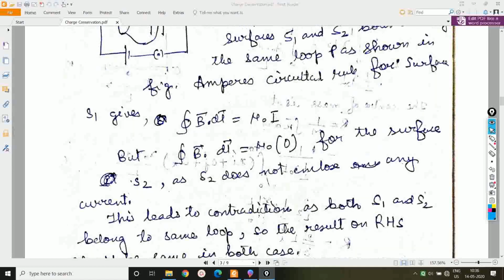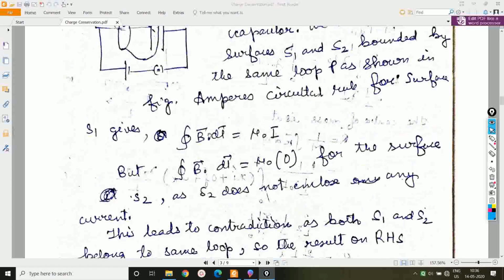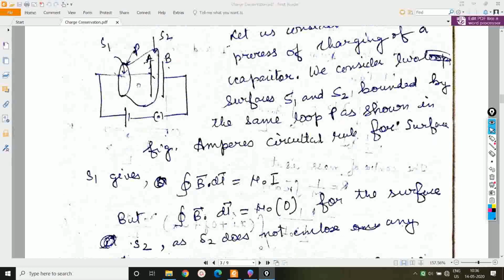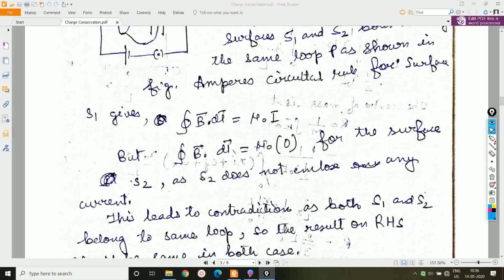Now there is an inconsistency. The inconsistency is that you are taking the same loop, the loop P, but you have taken two surfaces. For one surface, the right hand side is mu 0 I, for the other it is 0.